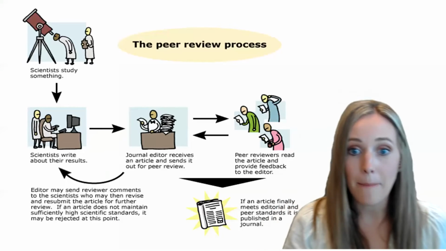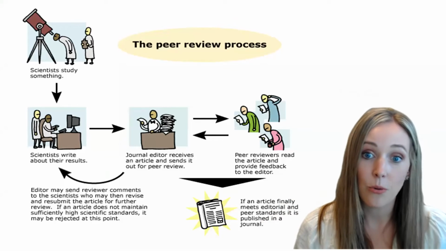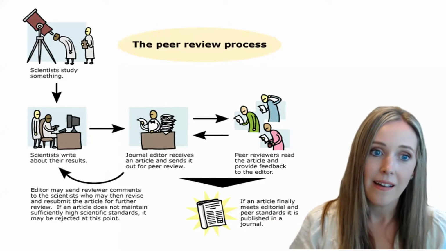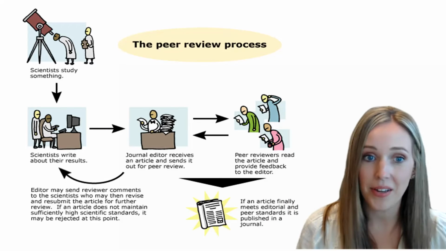So here's a little bit about the peer review process and an overview. First, a scientist or a researcher will study something. They write about their results, often it's a team of researchers or authors.